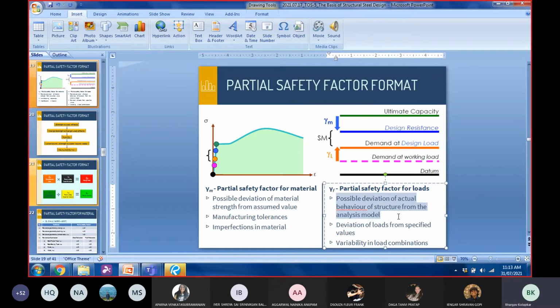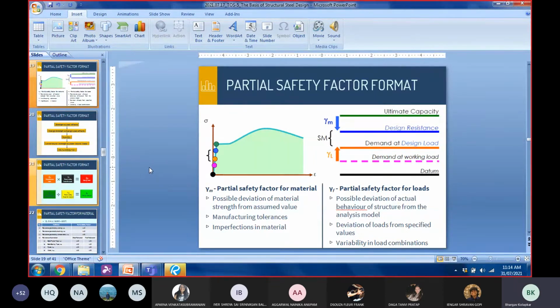So you have to have certain contingency. The partial safety factor is not only for load, it is for all the load effects, such as shear force, bending moment, and twisting moment. We don't multiply the partial safety factor to moments; we just multiply it to the load, and naturally it carries through to moments and shear.